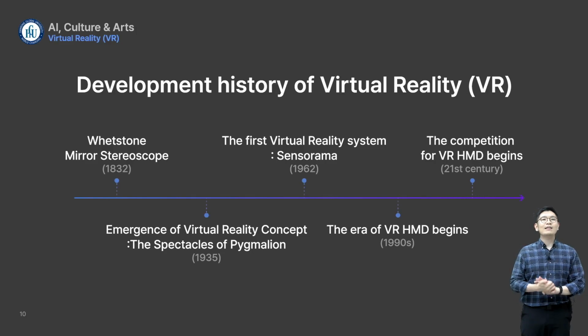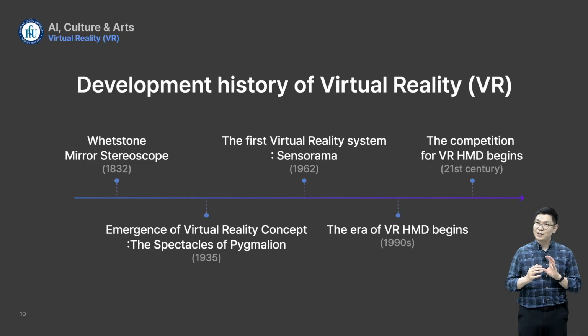In 1935, Stanley Weinbaum popularized the concept in his science fiction story, Pygmalion's Spectacles, which depicted a virtual experience with holograms, tactile feedback, and various sensory elements.